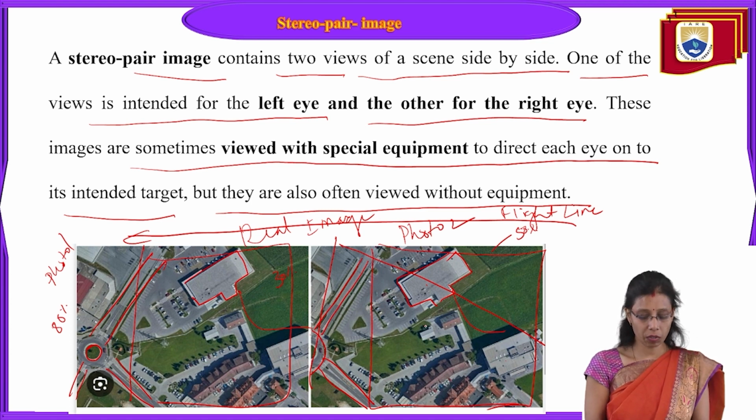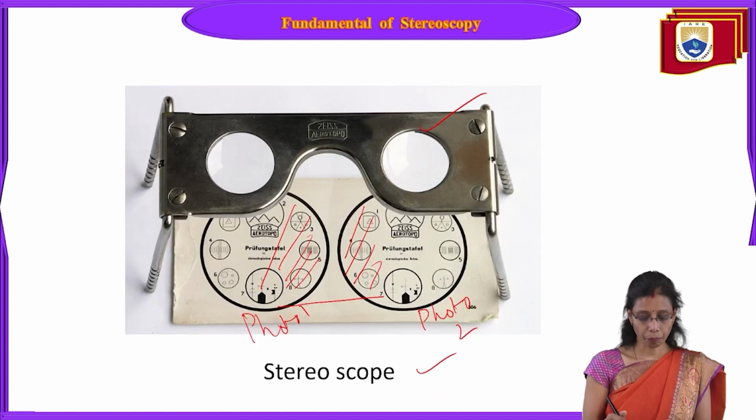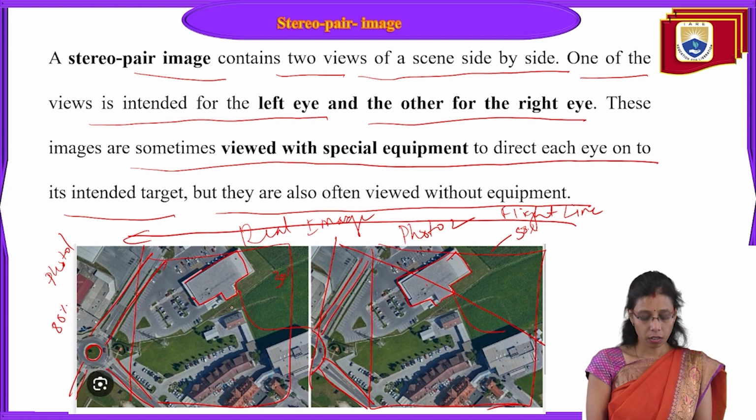So when we keep these two photos side by side, taken from the same flight line, and if you keep the stereoscope over that image, when you combine these two images, our eyes can see an illusion called the 3D illusion.